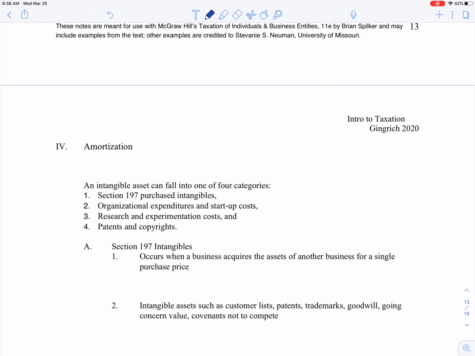The last section of material we have here is amortization. And amortization is just the cost recovery for intangible assets. An intangible asset can fall into one of four categories.